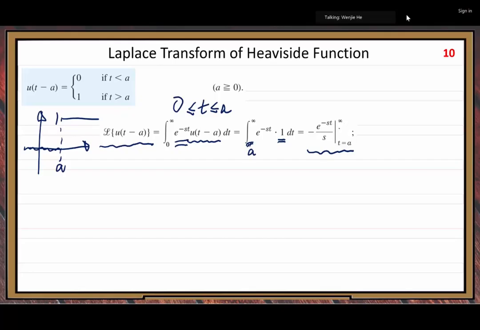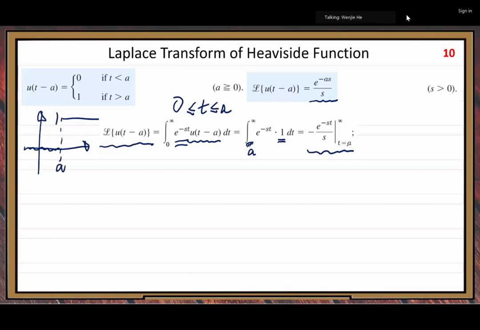So the answer is e to the negative AS over S, at A. Because at infinity, the limit is 0, it's gone. So you just plug in t equals A.